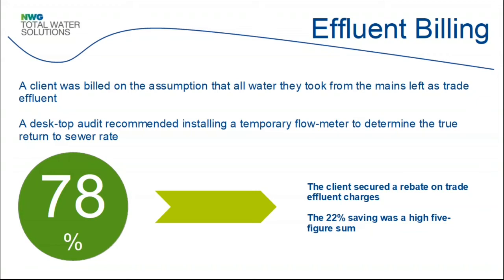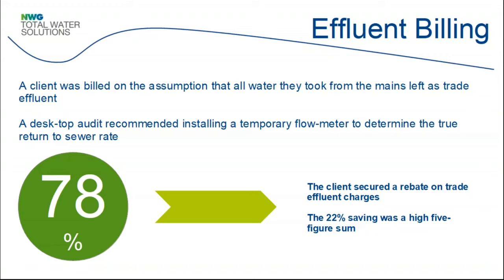This one's an effluent one. I've mentioned trade effluent quite a few times. Quite a lot of trade effluent customers can make some quite decent savings by looking in more detail at how they manage effluent, whether they need to treat it or what their billing is. So this client was billed on the assumption that all of the water that they took from the mains was then discharged back to the sewer as trade effluent. That is sometimes referred to as 100% return to sewer, which is rarely the case, but sometimes the companies might make an allowance to say, well, we'll assume that 95% of what you take goes back to the sewer.